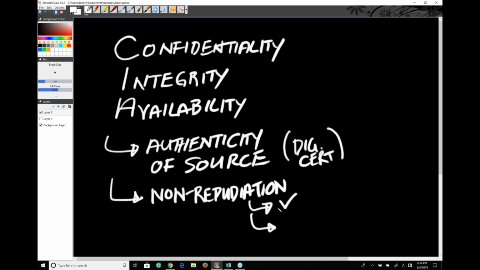So if I truly purchased 10 books, but I claim that I ordered 1 book, there's a difference between what Amazon sees, 10 books, and what I see, 1 book. So what happened? That's integrity, and we talked about that as part of confidentiality, integrity, and availability. So non-repudiation is actually a combination of authenticity of source and integrity.